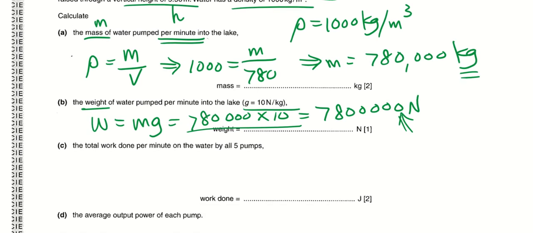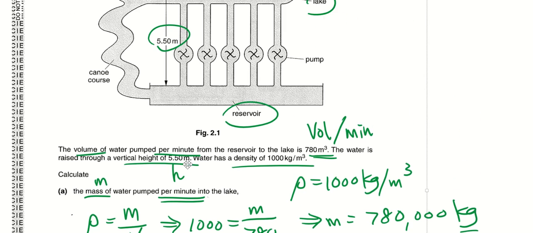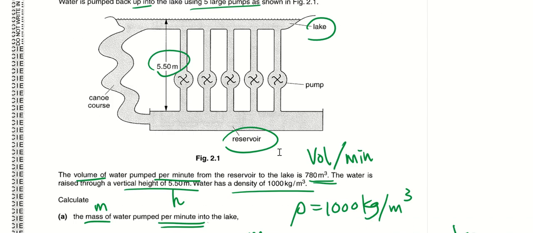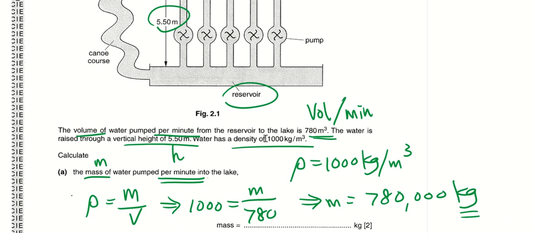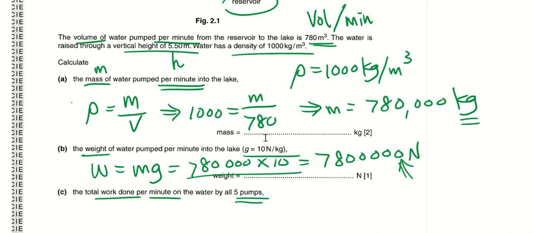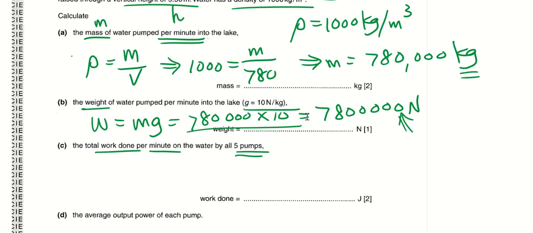Now calculate the total work done per minute. So there is still total work done per minute by all 5 pumps. All the pumps are working together, using 5 large pumps, right? So that is the volume of water that is pumped up. For the work done per minute by all 5 pumps, remember what's the formula for work done?